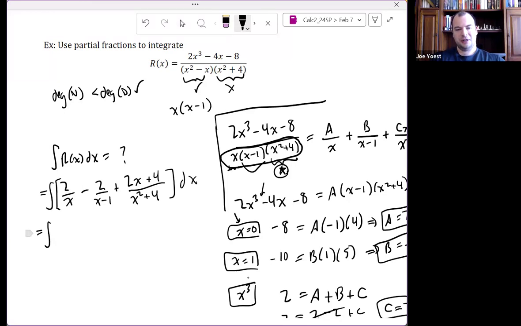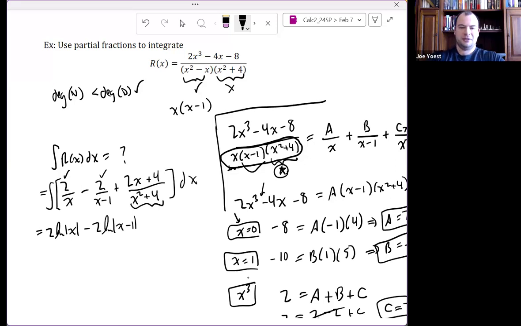So I see this as integral 2 over x is 2 log absolute x. That's not too bad. Minus 2 log absolute x minus 1. Again, not too bad. I just have to be a little careful here. If I had like a 3x minus 1 or something, I'd have to make sure to take care of that substitution, or fix my coefficient.